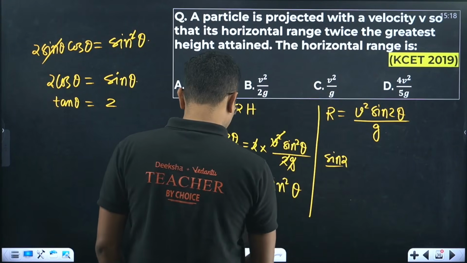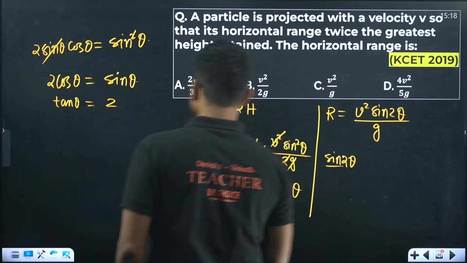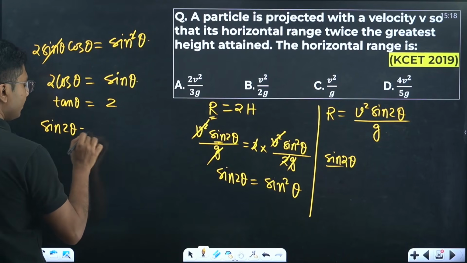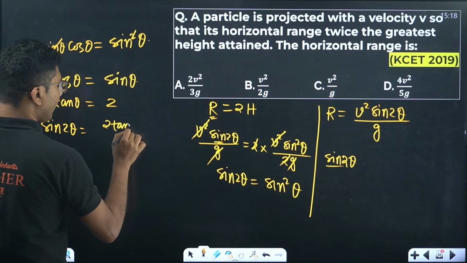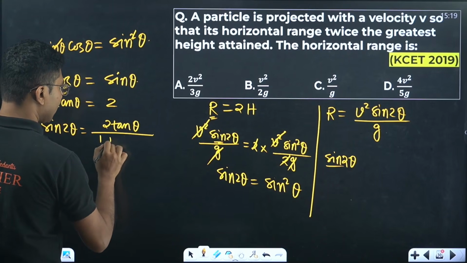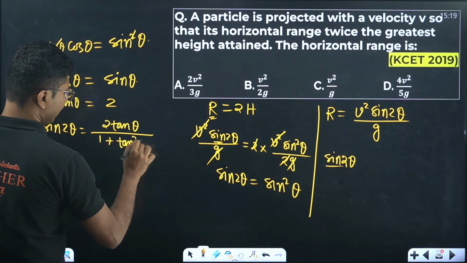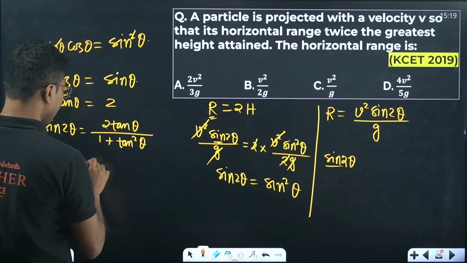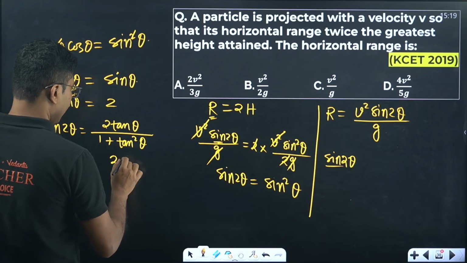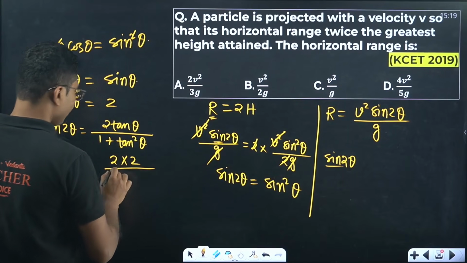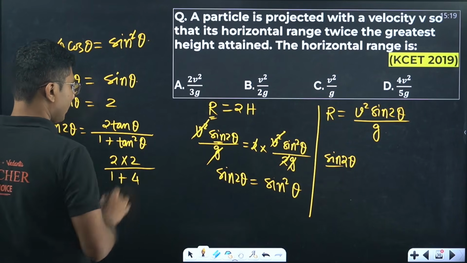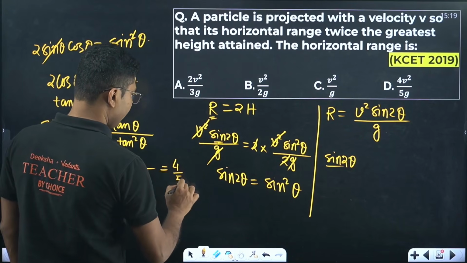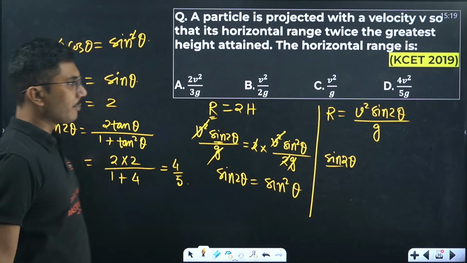We know that sin 2 theta equals 2 tan theta divided by 1 plus tan square theta. This is an identity, so we will simply use that. So it will be 2 into 2 divided by 1 plus 4, since tan square theta means 2 square, which is 4. So sin 2 theta is 4 upon 5.